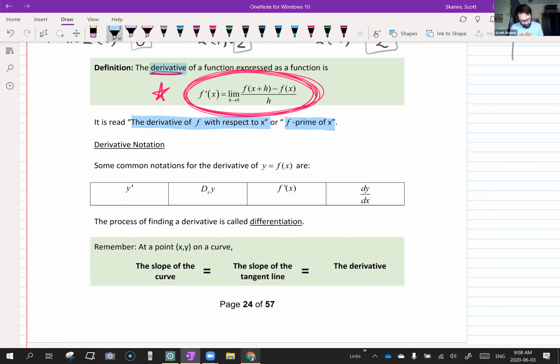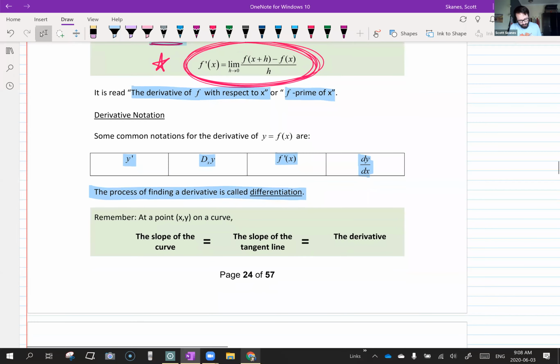They're all the derivative. Sometimes you'll see it like this, sometimes like this. They all mean the same thing. And when we do derivatives, we call it differentiation. But the most important thing, I would say, probably in the entire unit, is this here. Possibly the whole of calculus, the most important concept in calculus.